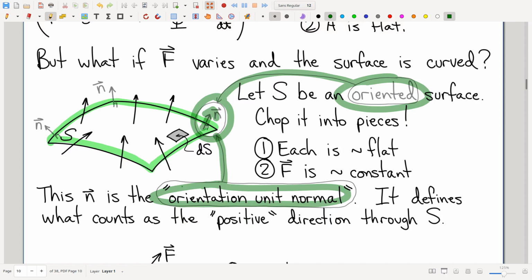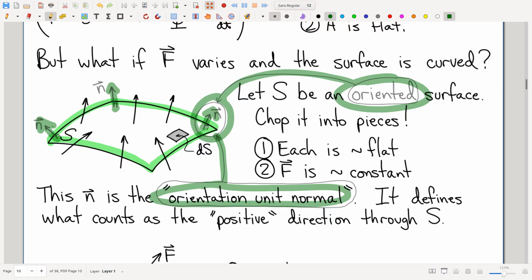So here, for no particular reason, I've drawn my orientation unit normals in what we might loosely call the upward direction. The idea here is that for whatever reason, upward flux is the one that I want to call positive as opposed to negative. Given this arrangement, if the flow were downward, that would measure negative.